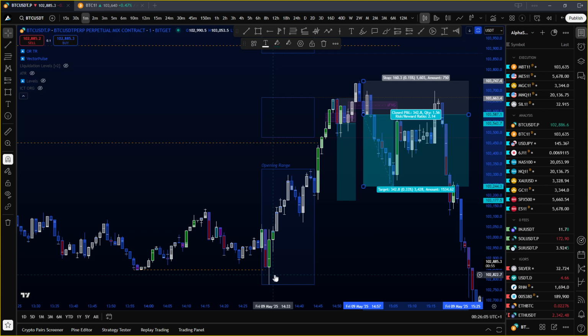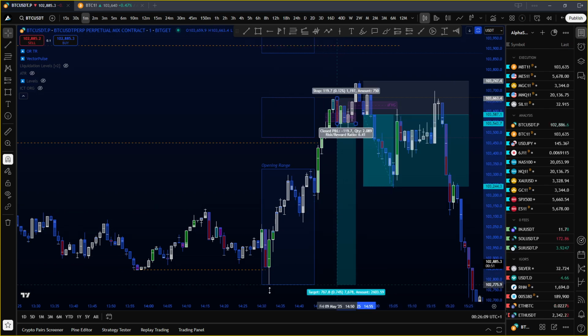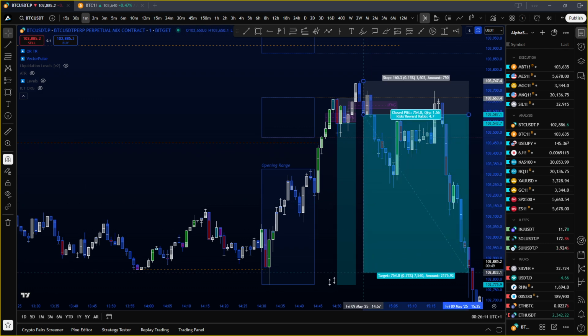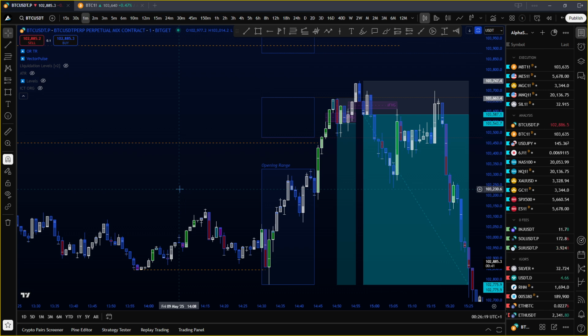The logic is the higher probability take profit level is always the opposing side of the opening range. More than that, it becomes highly subjective.